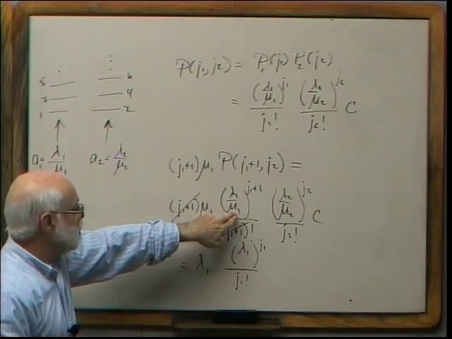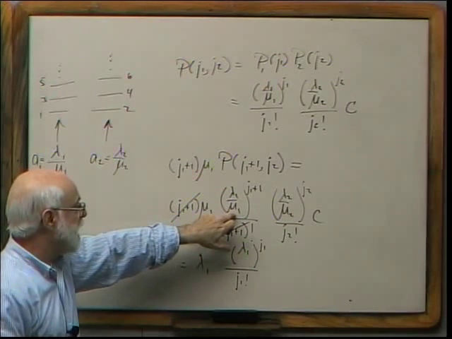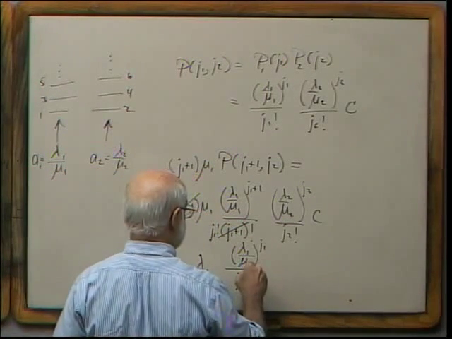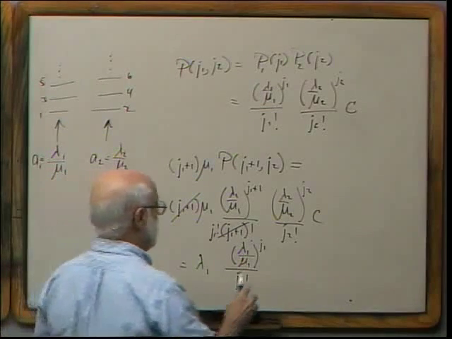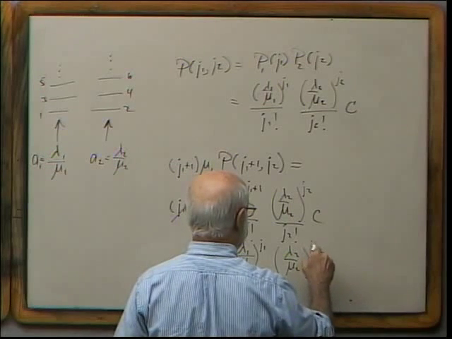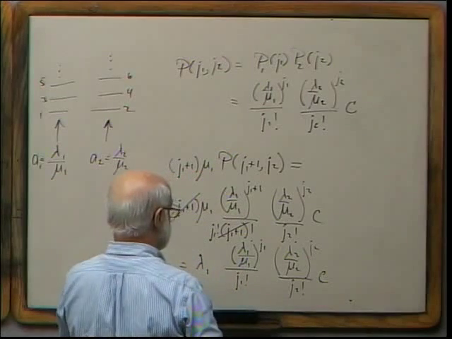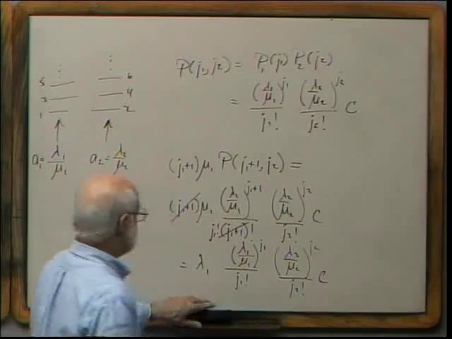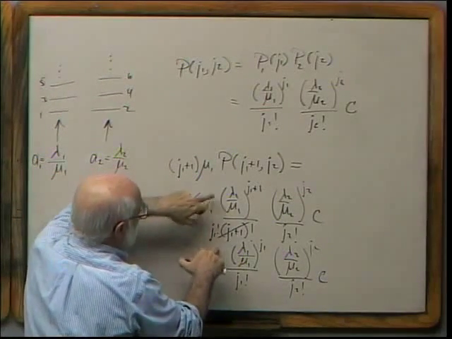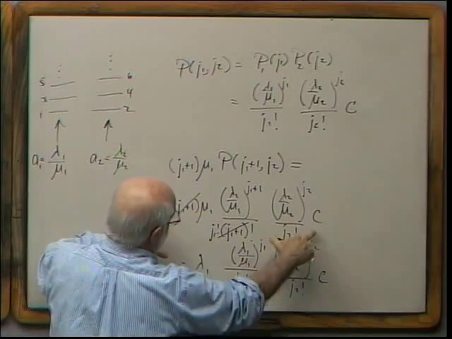So I'll cancel that mu 1 with one of those, and that's going to leave it to the power J1. I'll keep the rest of it the same: (lambda 2 over mu 2) to the J2 over J2 factorial, times C. So what I did was cancel that term with that, simplified that, and rewrote it. So this numerically is exactly the same as that, algebraically I should say, and equals that.